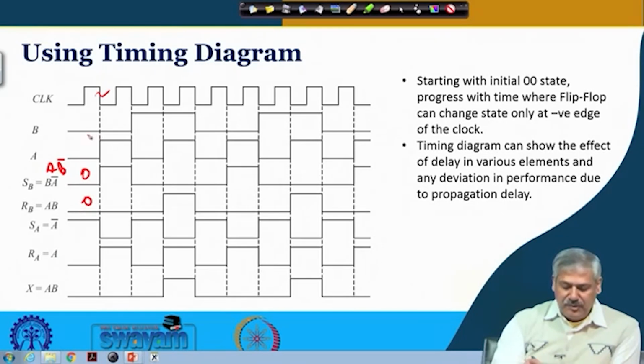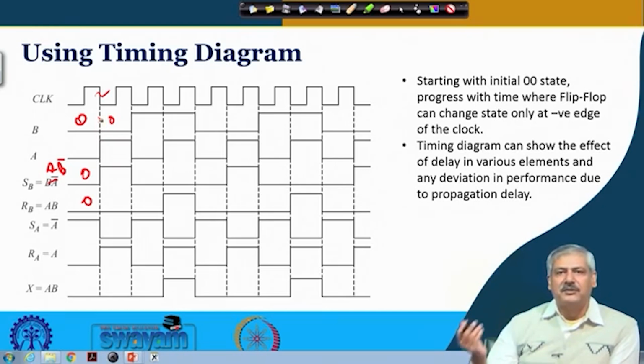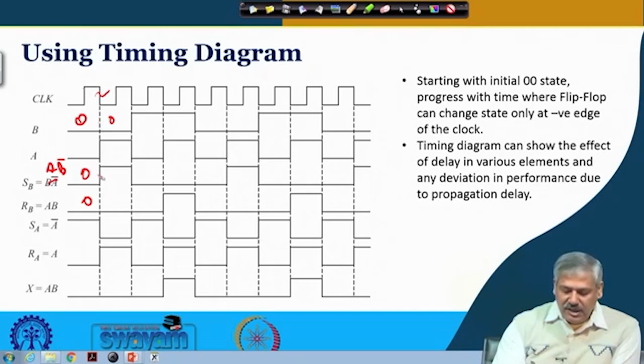The previous value was 0 for B, so SB RB is 0 0, and it will continue to be 0 0. It gets the trigger over here. Before that it is not supposed to change, as we discussed before for a clocked circuit, triggered circuit or gated circuit. Even if the input changes, unless the clock trigger comes, it is not going to change. So, this continues to be 0 0.